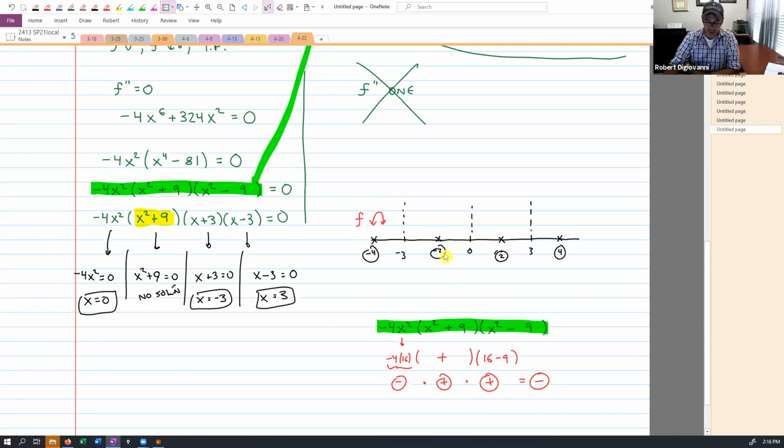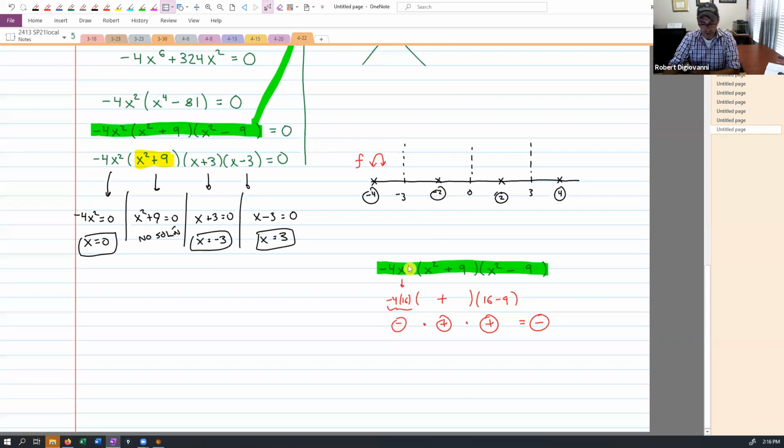Then we have to keep doing this for negative 2 now. So if I plug negative 2 into this, let's see what we would get. Negative 2 squared would give me a 4, and then I hit it with a negative 4 in front. The next number is positive no matter what. And then negative 2 squared is 4, take away 9, that's a negative number there.